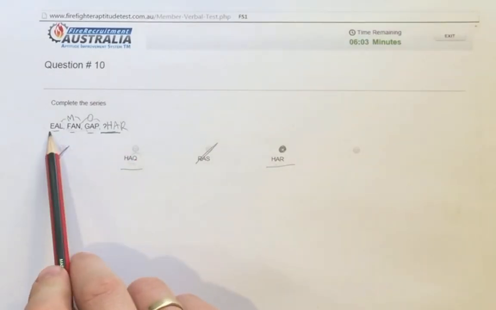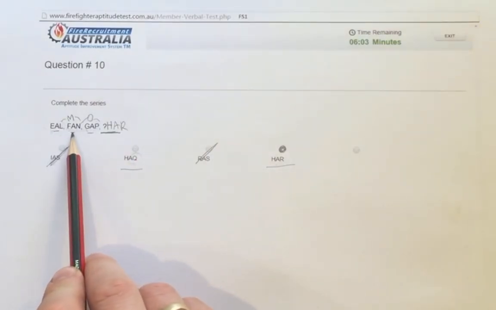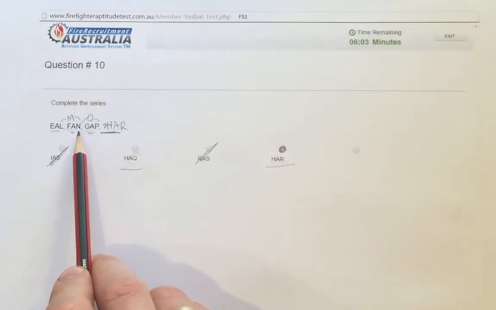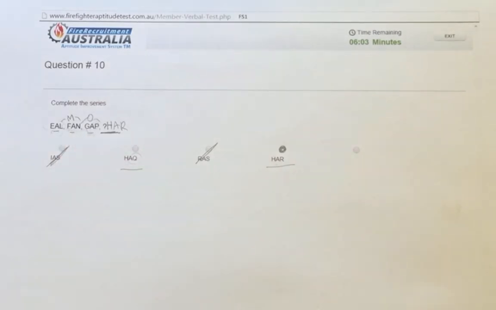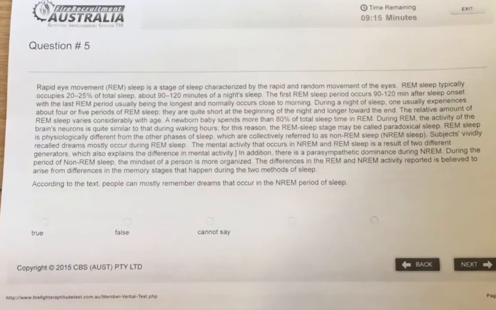As you can see, it's just figuring out what the sequence is that they're pointing out here. Okay, so we'll move on to some longer paragraph verbal reasoning questions, and I'll show you through a few of them and the way I suggest that you approach them.